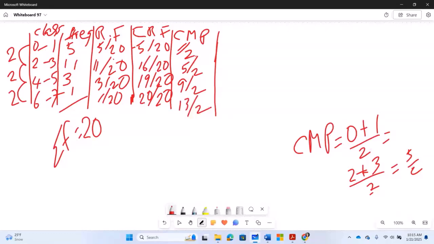So I found the class midpoints, and I found almost everything I need. Suppose I'm told to find the class width. I already said it. The class width is the difference between consecutive lower limits or the difference between consecutive upper limits.